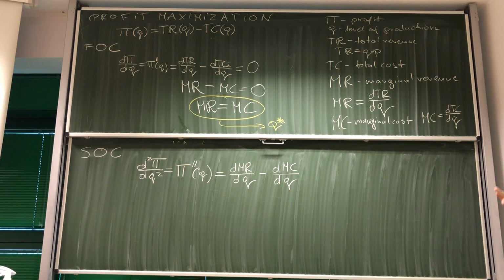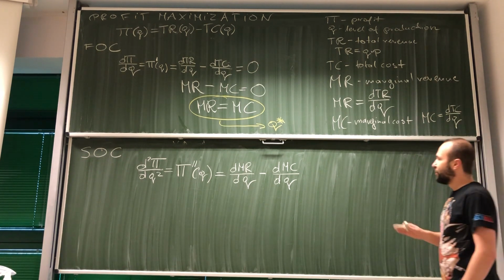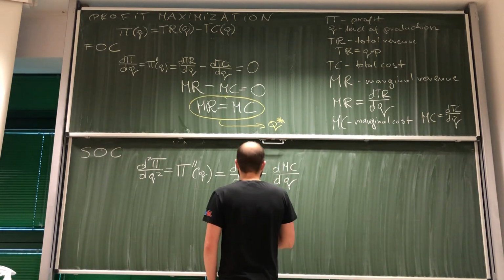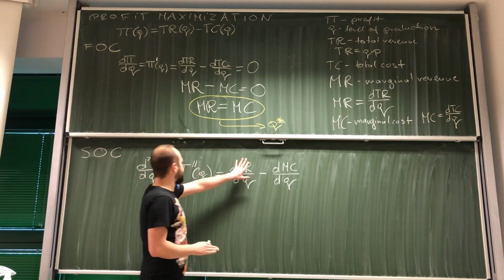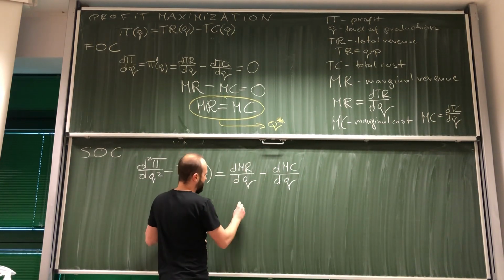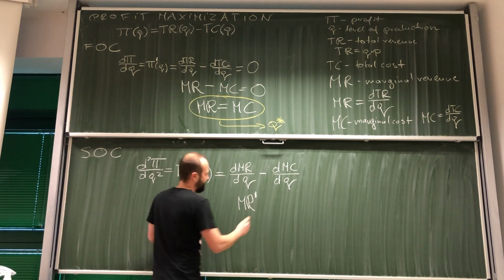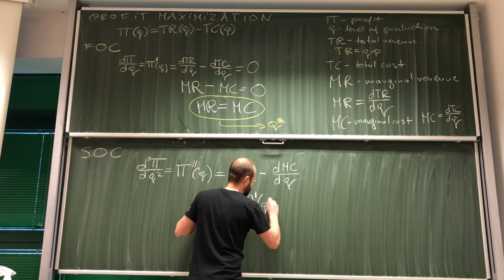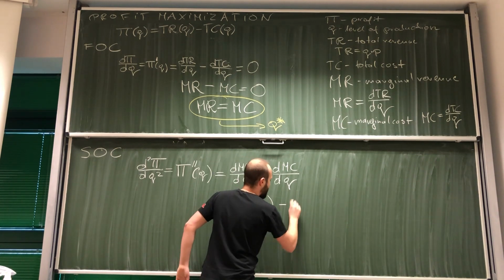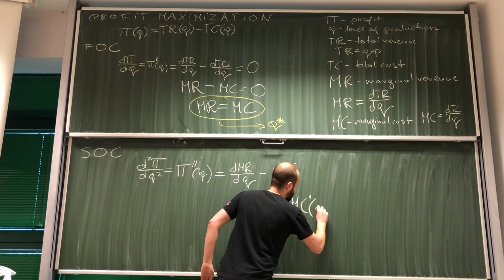And look, because we are only interested in finding maximum profit, we need to do a couple of things here. First, let me rewrite this in a slightly different form: MR prime of q minus MC prime of q.